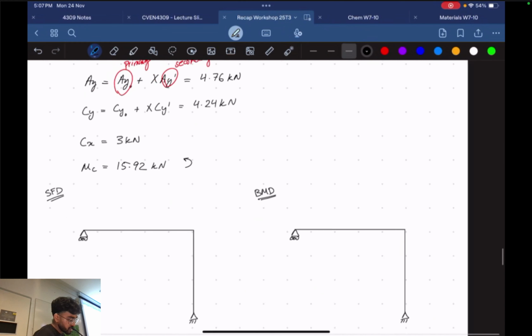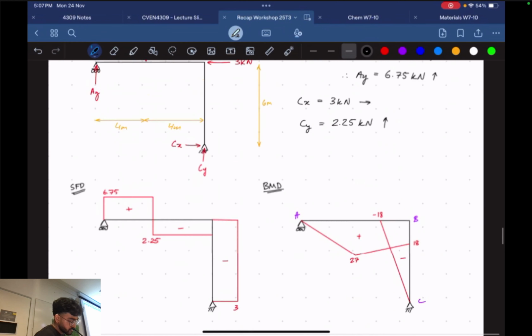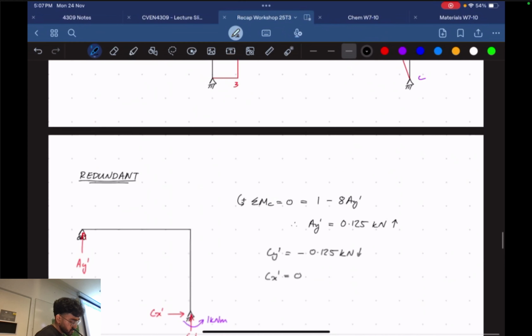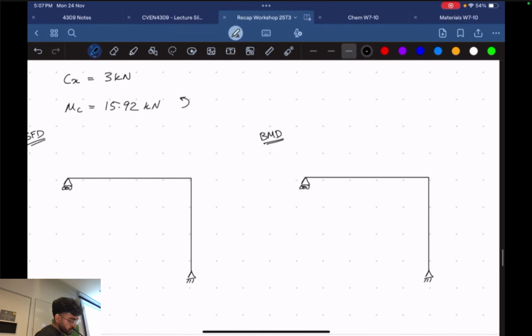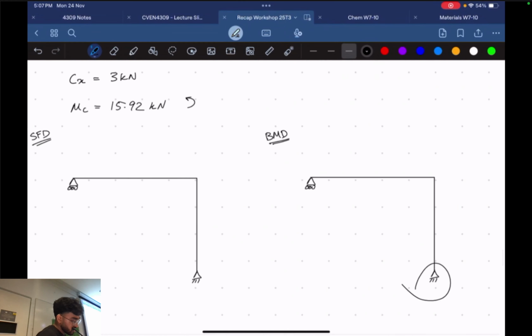So when I want to draw my BMD, did I ask for the SFD? Yes, I'm going to draw the BMD only. I'm going to start from this point over here. So they've taught us 15.92 kilometers. On the tension side, it's going to be a positive. It's actually negative, but flipping it out, I get positive.